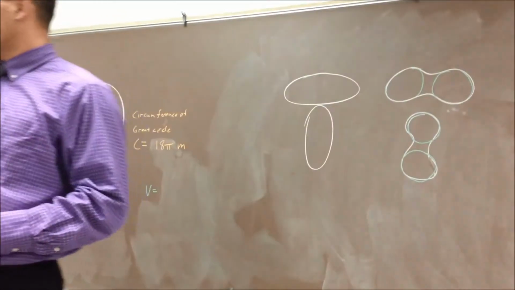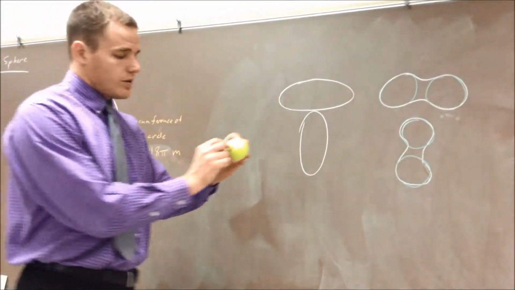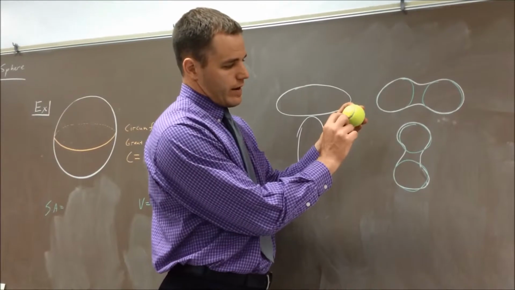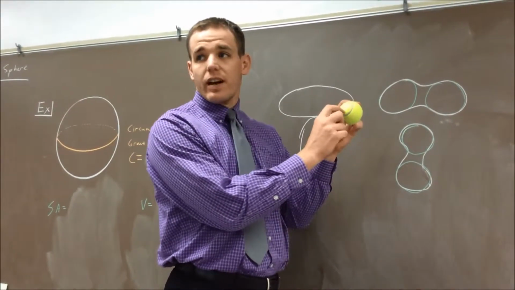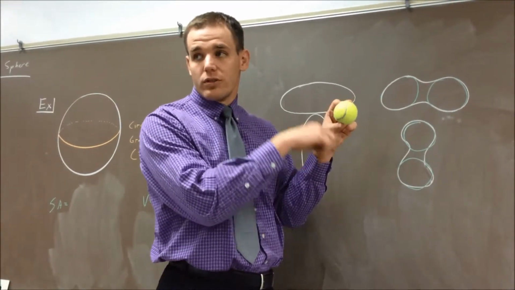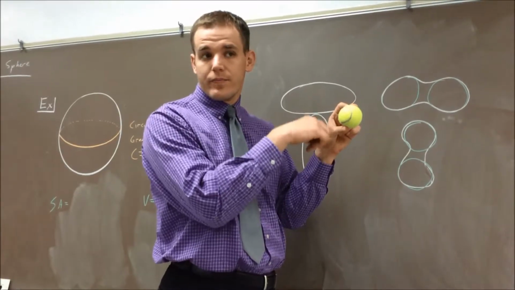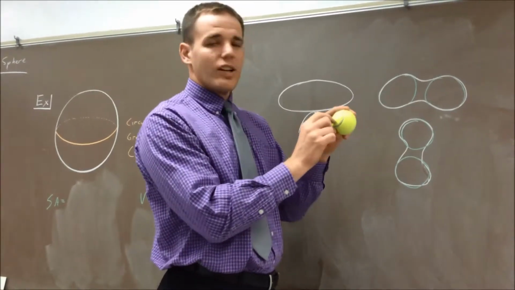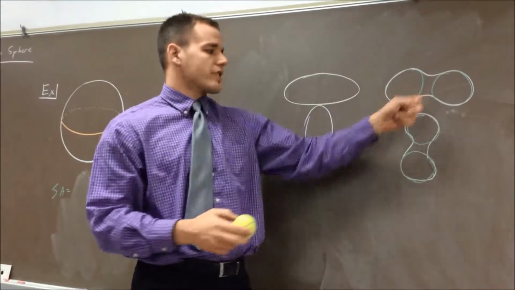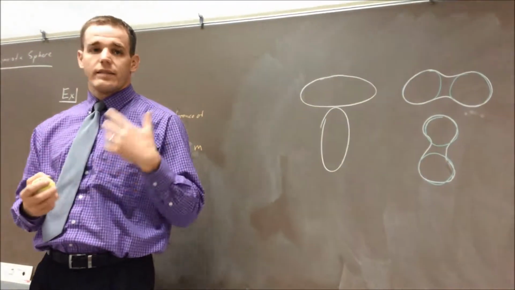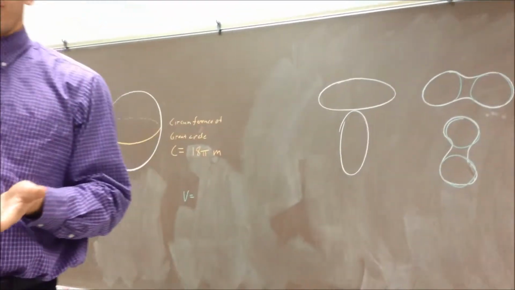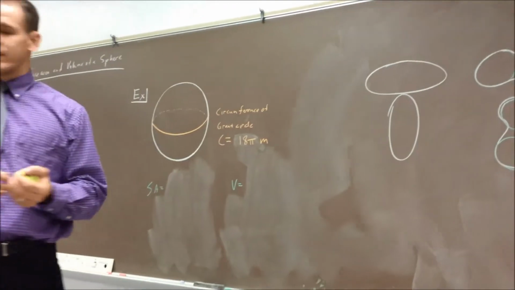However, the radius of this circle right here isn't actually covering the full radius of the sphere, is it? So, we're a little bit short here, but we got a little bit extra here, and it ends up working out that 4 pi r squared is the surface area of a sphere.